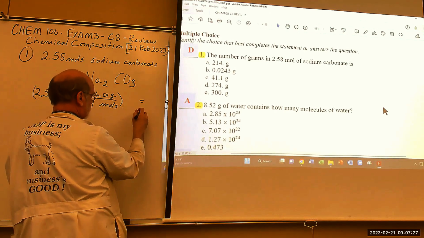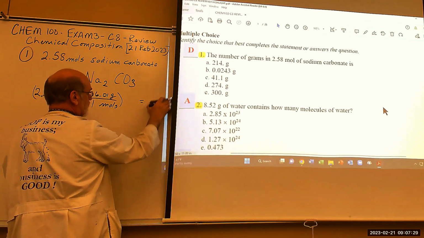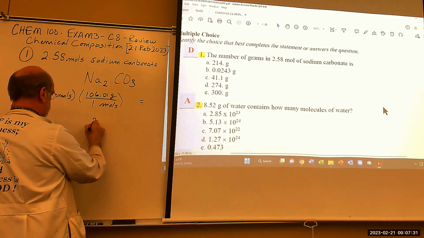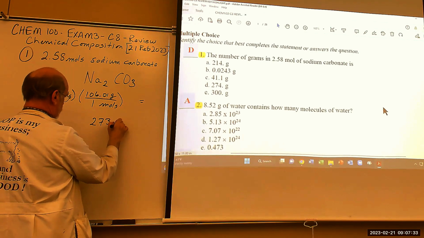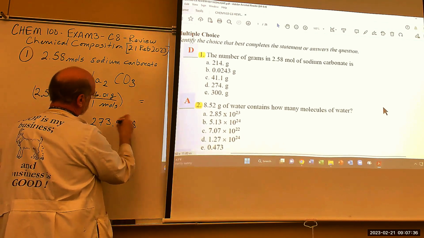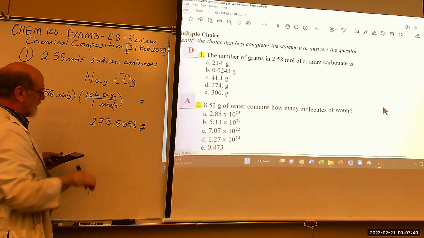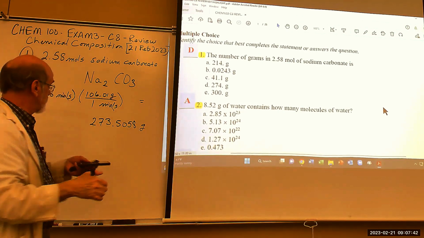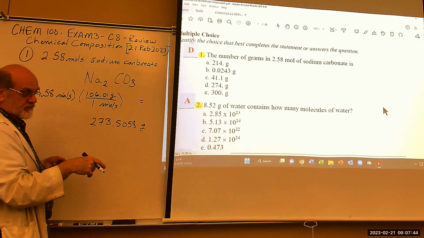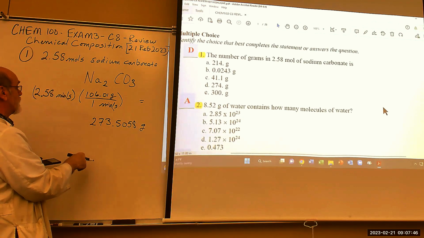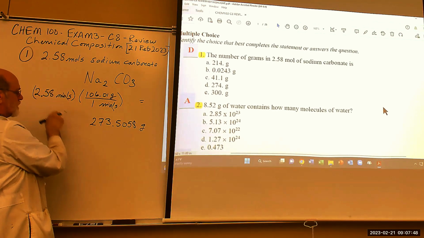And you get, let's move it down here with a little more room, 273.5058 grams. That's what my calculator tells me. But you know from previous work on significant figures, you've only got 3 significant figures here.